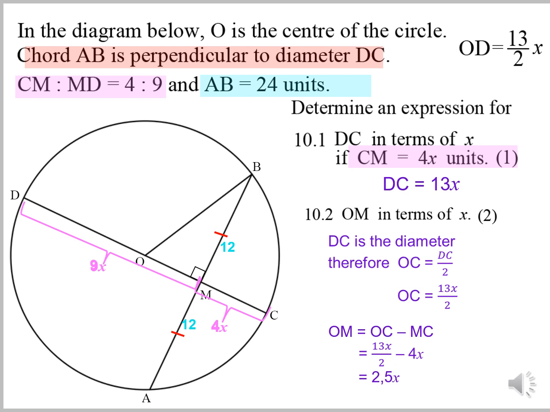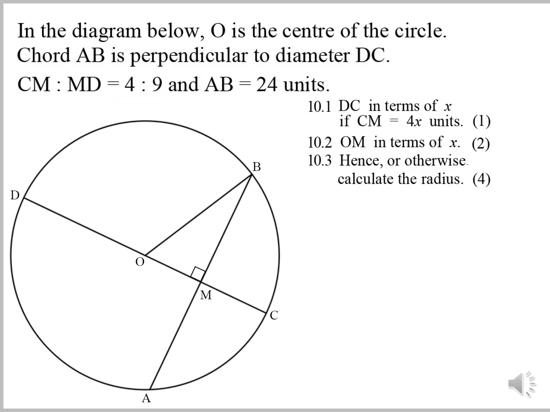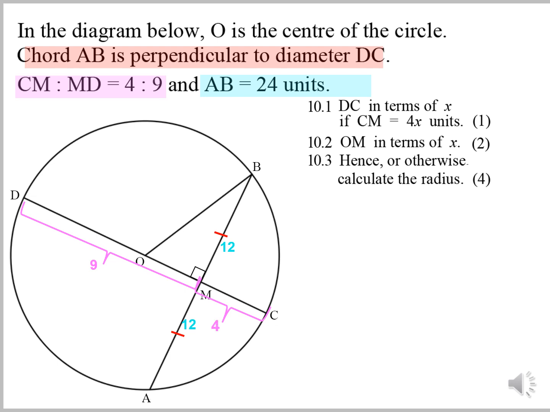So there is another one that we may need to answer from this diagram. It says hence or otherwise, what is the value of the radius? So the numbers that we have used so far, those measurements, make it easier because we need the theorem of Pythagoras. We need to isolate certain numbers.